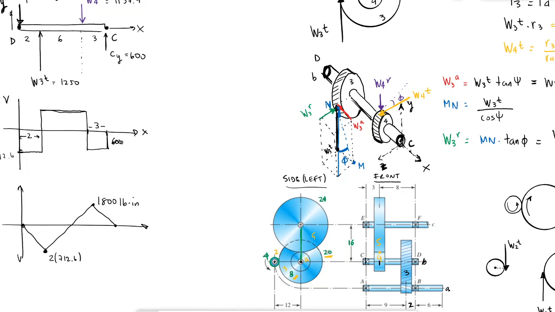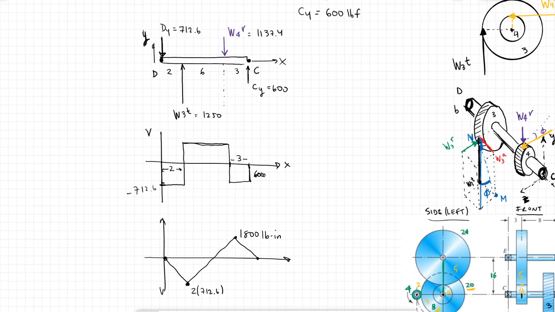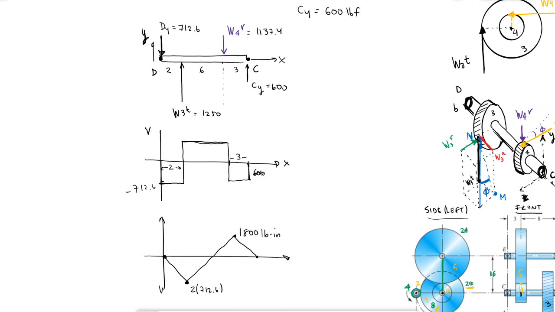So remember that. I'm going to draw D to C from left to right, looking at it from the top. At gear 3, I'm going to find the green vector, and at gear 4, I'm going to find the yellow vector. Basically, I'm just going to repeat this, but for the Z instead of the Y.